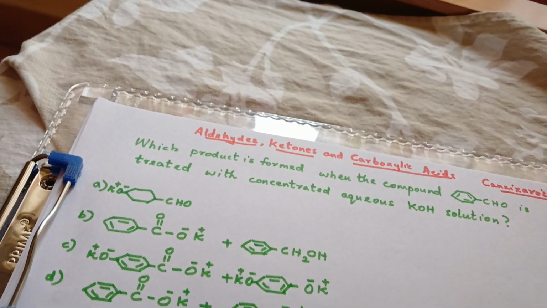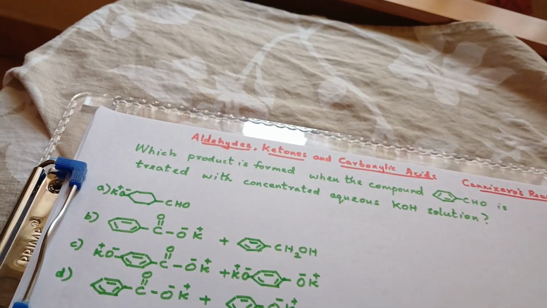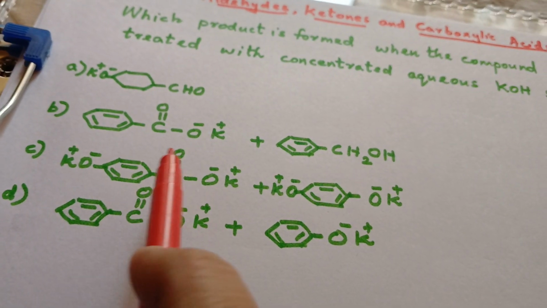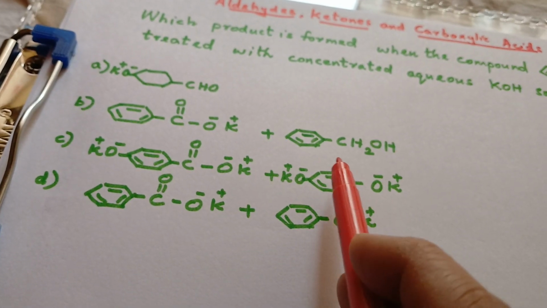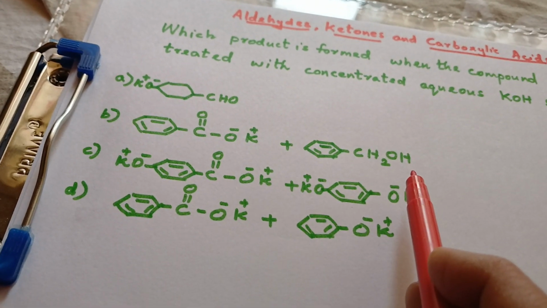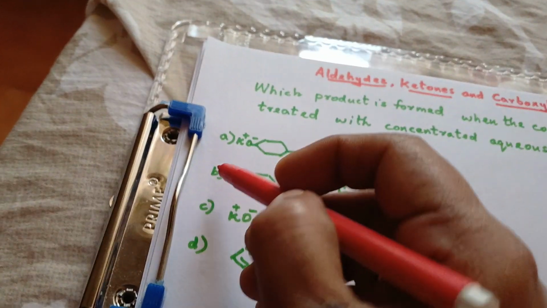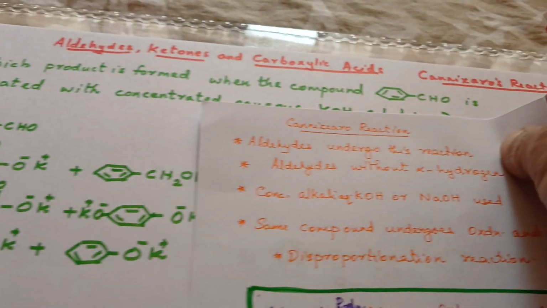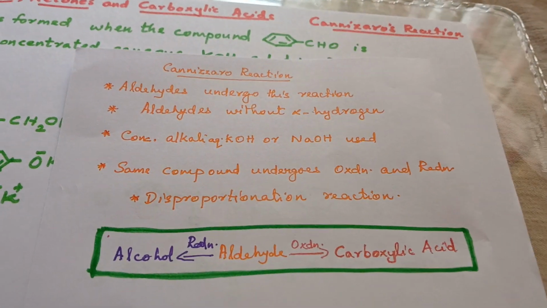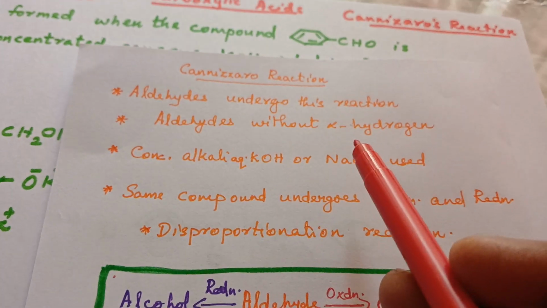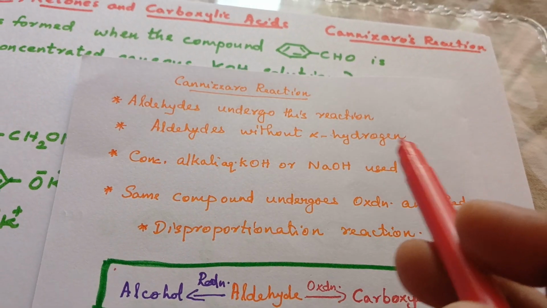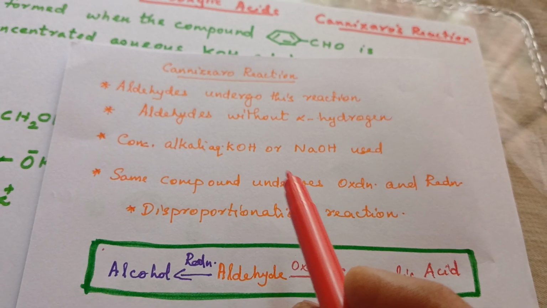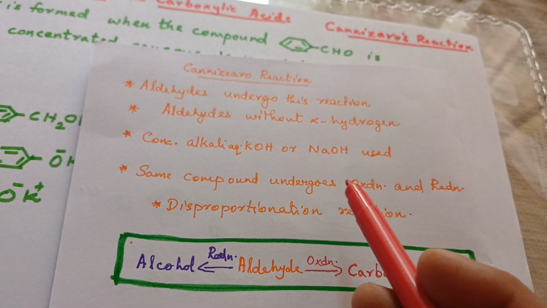So let us see our options. What we got are the potassium salt of benzoic acid and the alcohol, benzyl alcohol. So option B will be the correct choice. Now about the Cannizzaro reaction, just remember: aldehydes without alpha hydrogen undergo this reaction, with concentrated alkali, aqueous KOH or NaOH, used.